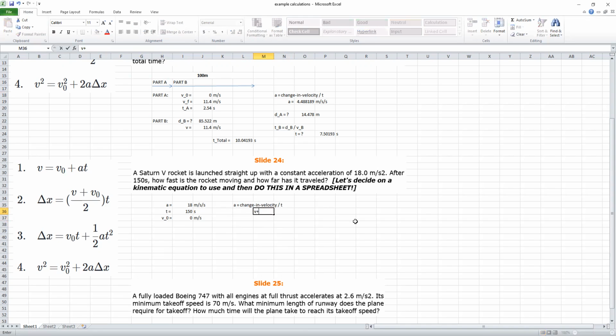We say the final is going to be the acceleration times the time. Again, assuming that this is constant acceleration, which is what the kinematic equations assume.